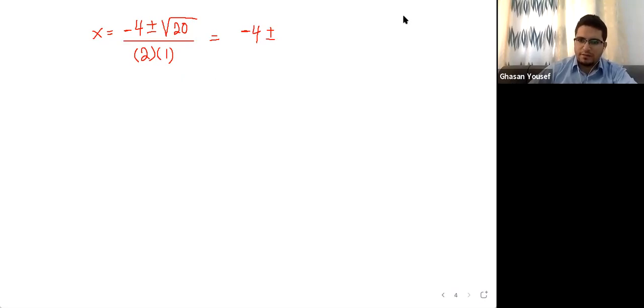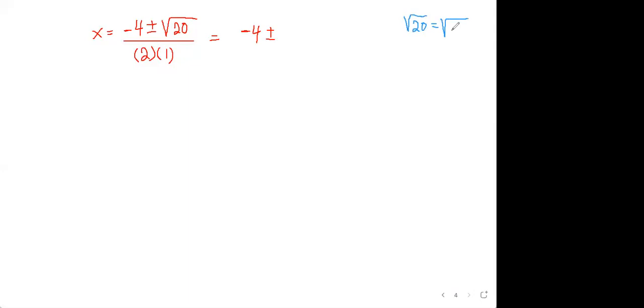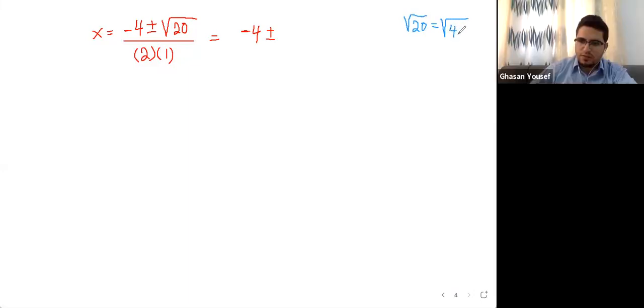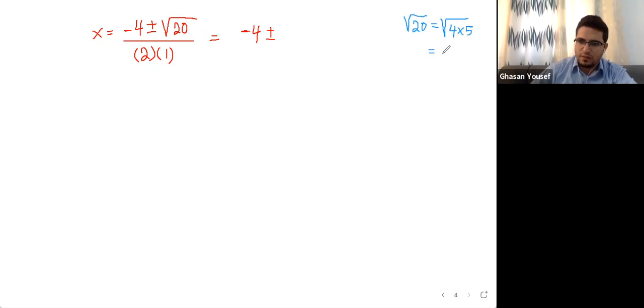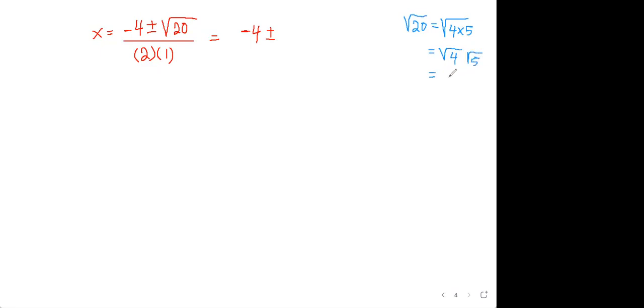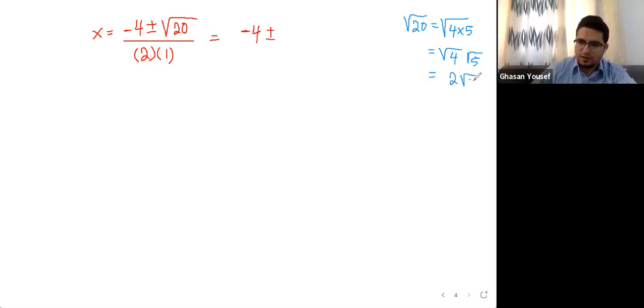The square root of 20 is the square root of 4 times 5, which equals the square root of 4 times the square root of 5. The square root of 4 is 2, so this is 2 square root of 5, over 2.